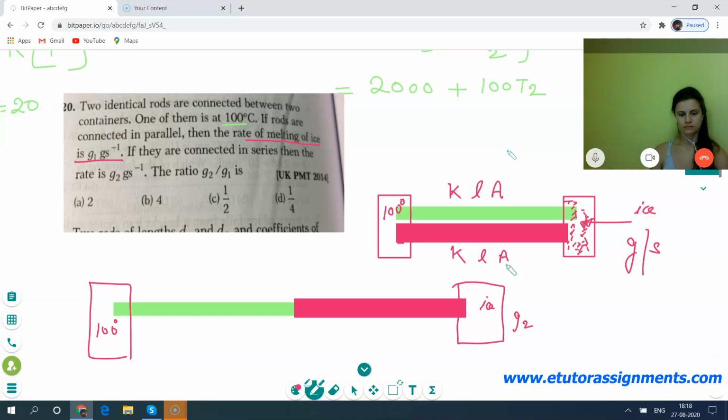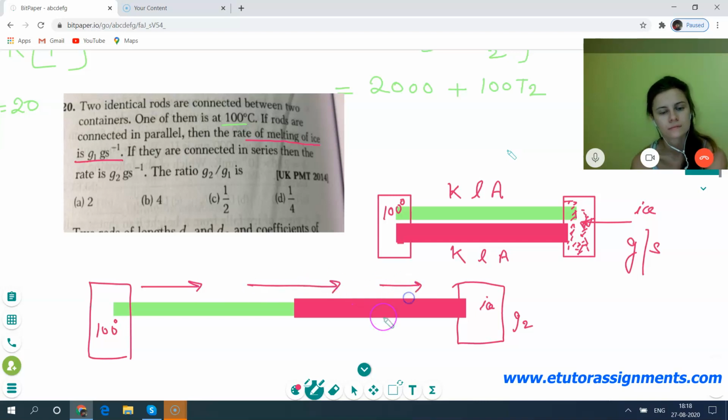So please tell me, G gram of ice melting means what? Latent heat is constant for the ice, for both cases. So how much heat is required? How much heat is transferring from here to here?